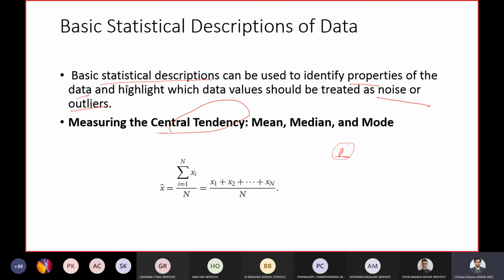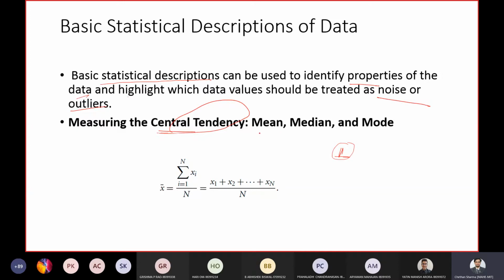Apart from this, something which helps you for data processing. Apart from central tendency, we should have an idea about the dispersion of the data, how the data is dispersed, or rather how the data is spread out.